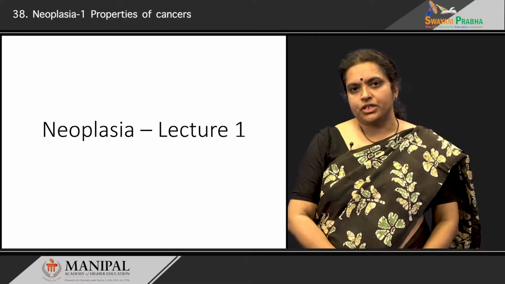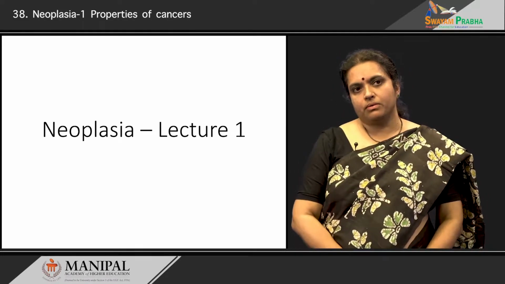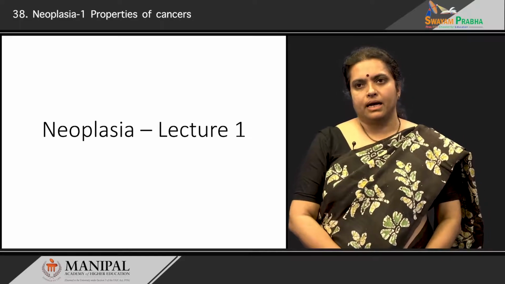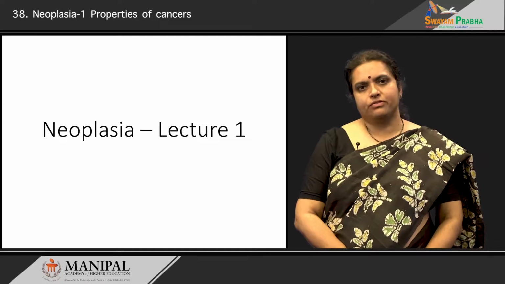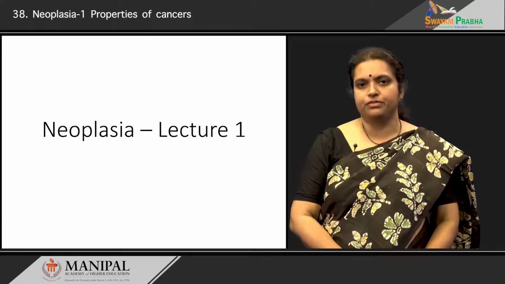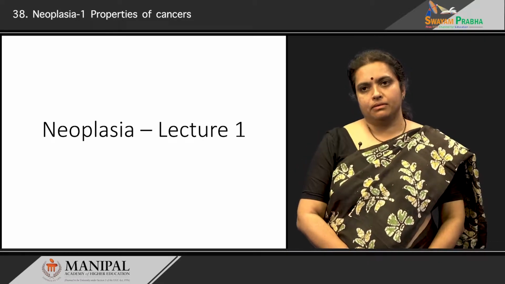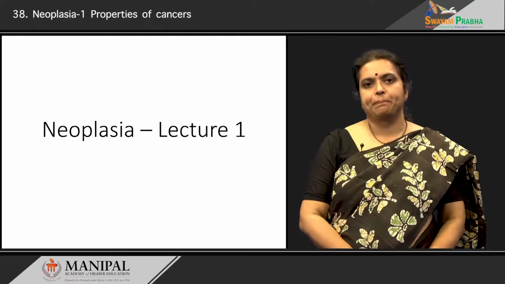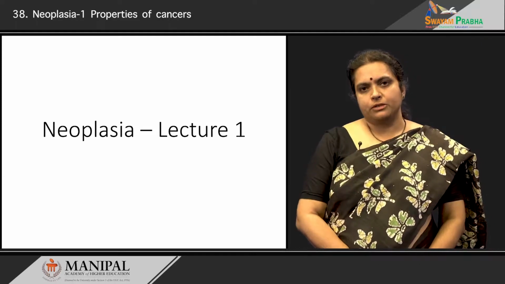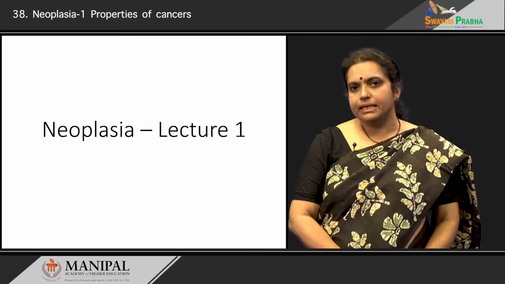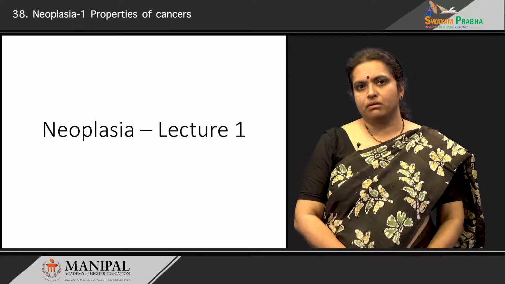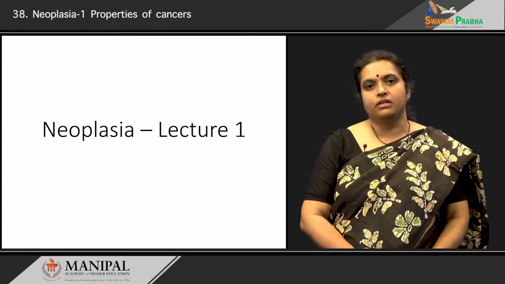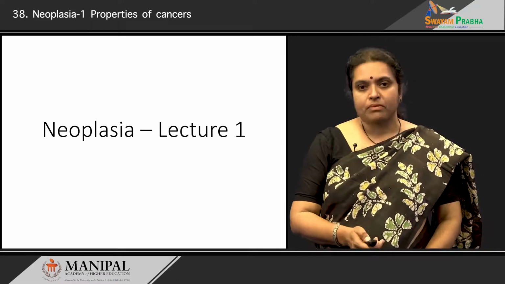So, in this lecture we will be talking about the causes for cancer, a little bit about the causes, and more importantly the properties of a cancer cell, how it is different from a benign cell. In other words, the differences between a benign and a malignant cell. And we will also be talking a little bit about the different properties of cancer and why it is so different from other diseases.